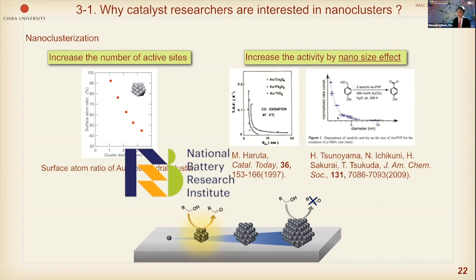So we tried to make this lower part of the picture. Smaller particles can proceed with the reaction. However, with the larger ones, the usual case is very large particles. So smaller ones are good, showing a size effect.